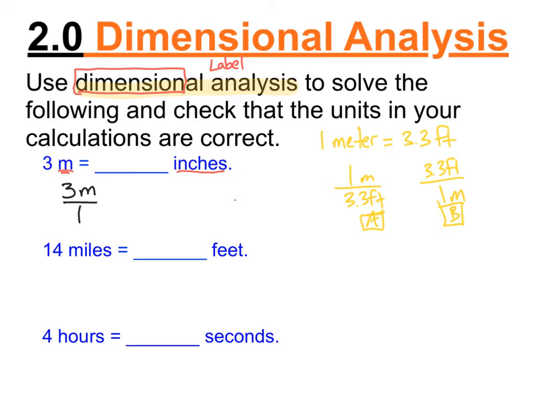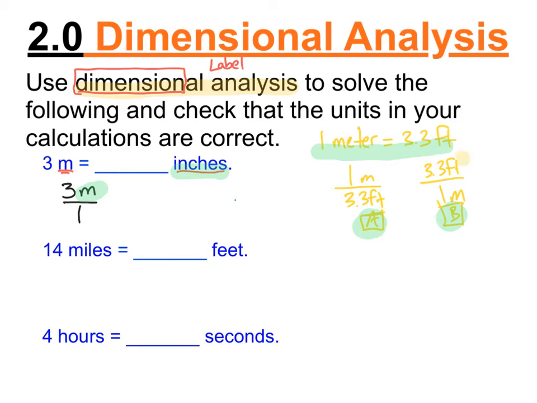So every one of those things on the unit conversion sheet has a sentence like this, and you either use version A or version B, okay? Now, which one do you know? Well, what I need to do is I need to get meters turned into inches. So that means meters has to be canceled out. So is option A or option B going to cancel out meters with this 3 meter here?